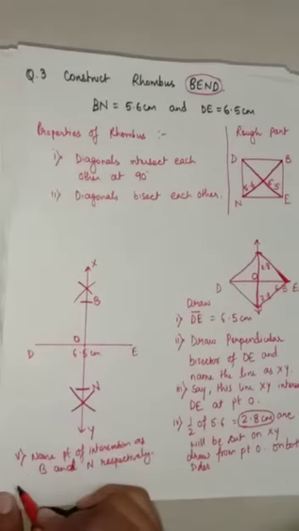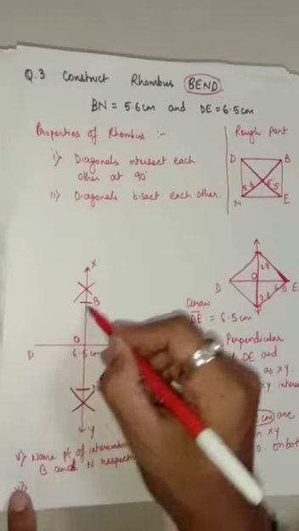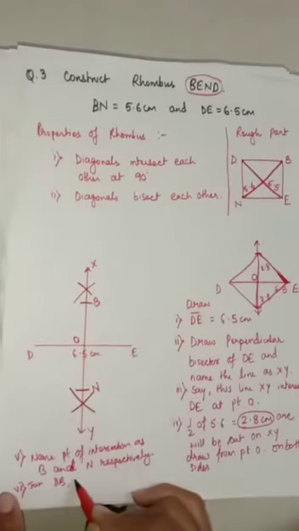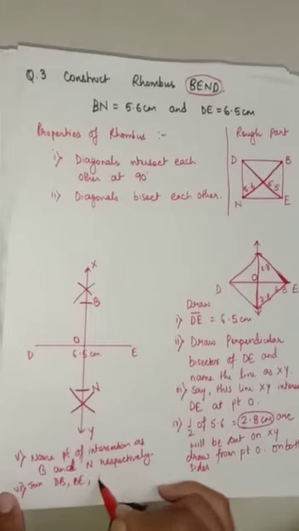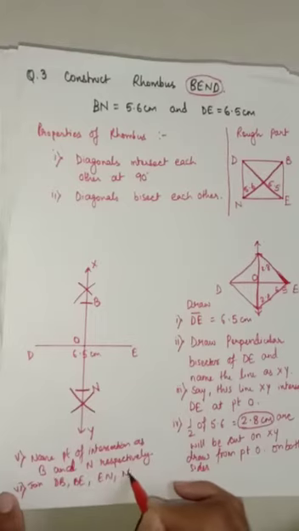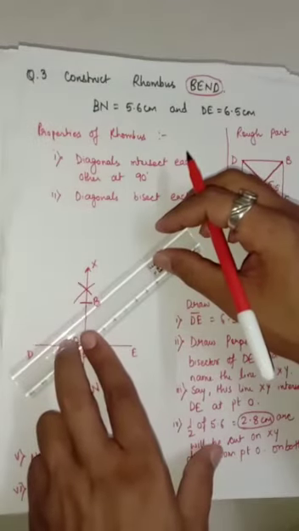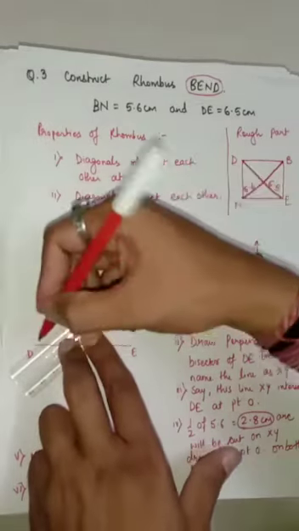Done. Now you have to join DB, BE, EN and ND. You have to join all these, and none of these have given measurements, so we will just join them with dotted lines.